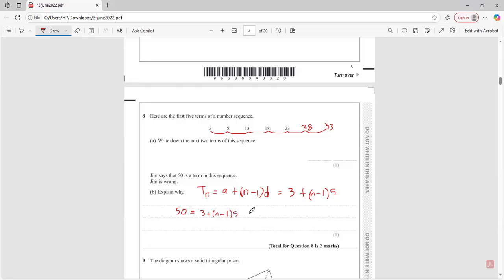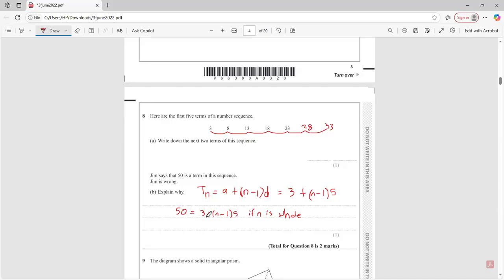If n is a whole number, then 50 is a possible term. But if it's not, then it's not possible. So how do we find out? Just make n the subject of the formula.